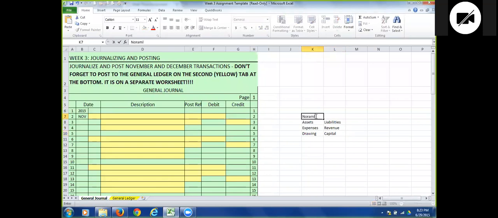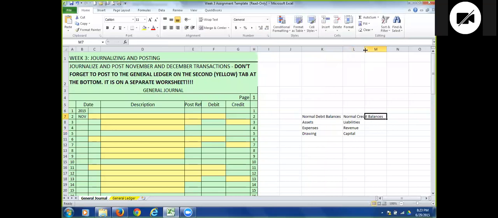Remember, these have normal debit balances. These have normal credit balances. What that means is assets, expenses, and drawings are increased with debits and decreased with credits, and liabilities, revenue, and capital are increased with credits and decreased with debits.